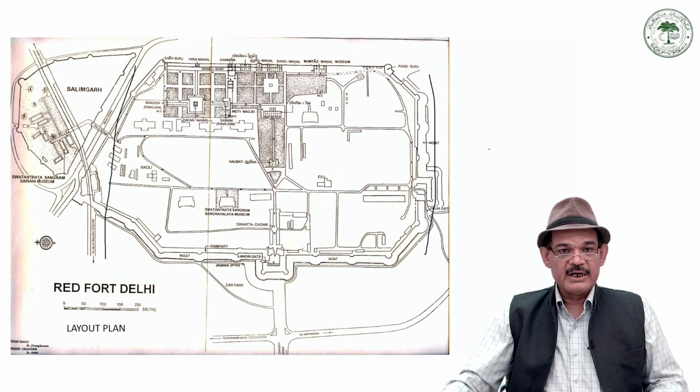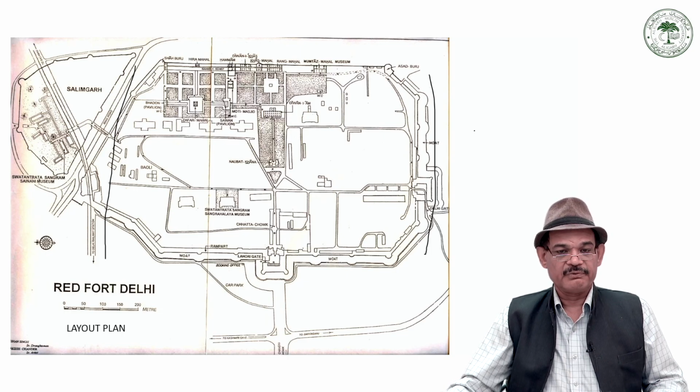The reason is that this whole cluster of buildings is enclosed by a rampart wall, and we cannot say it's a fortification wall, because it's not a wall meant for functional fortification purposes, but it is a rampart wall that only provides safety to the inner palaces.